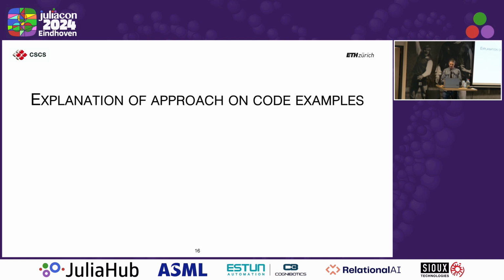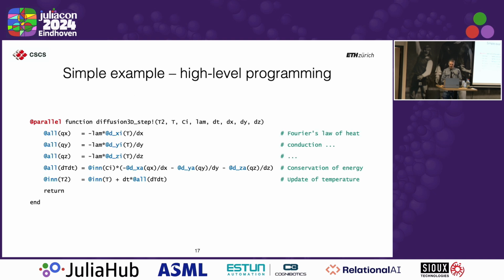Now, to give an explanation of the approach in these code examples, we have a very high-level way of writing things, very math-close. You see here Fourier's law of heat conduction, conservation of energy, update of temperature, really nearly written as you would write equations.